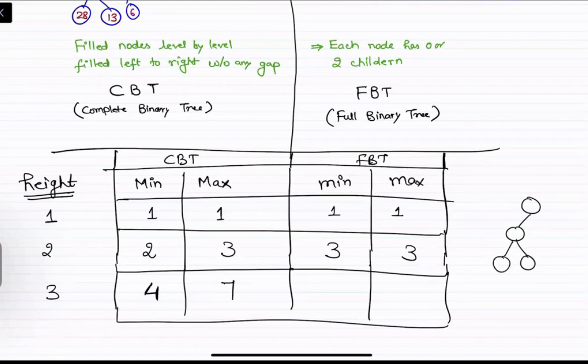Is this an FBT, whatever I have drawn? No, that is not an FBT. Does root have 2 nodes? No. So I have to take one more node here to make sure the root has either 0 or 2 children. So it is 5 and maximum 7.